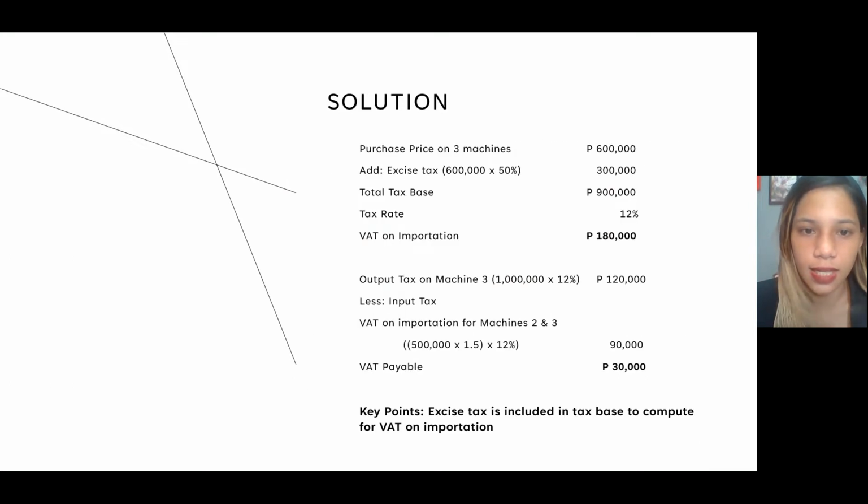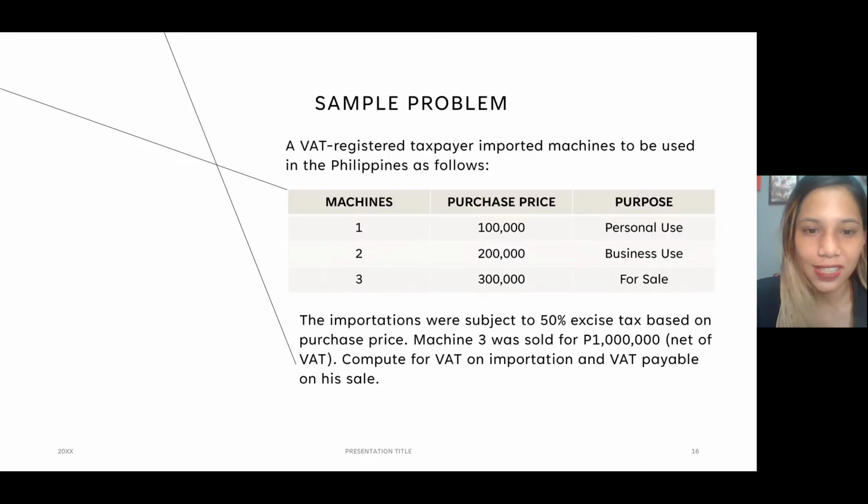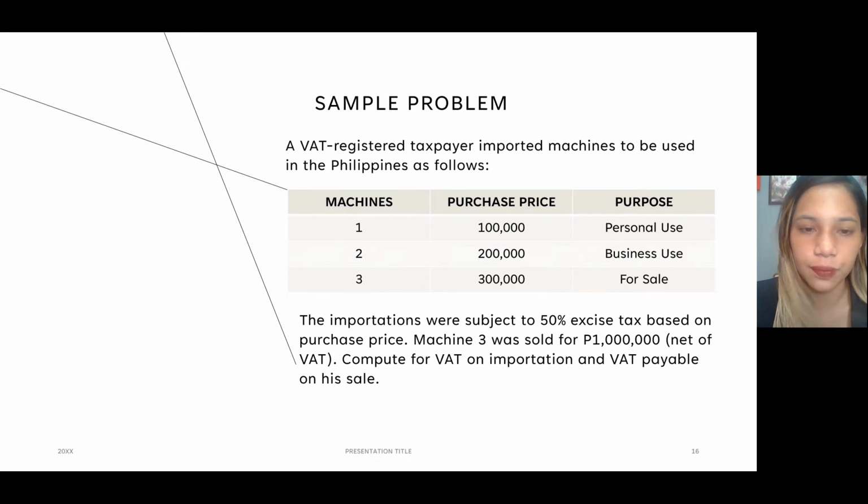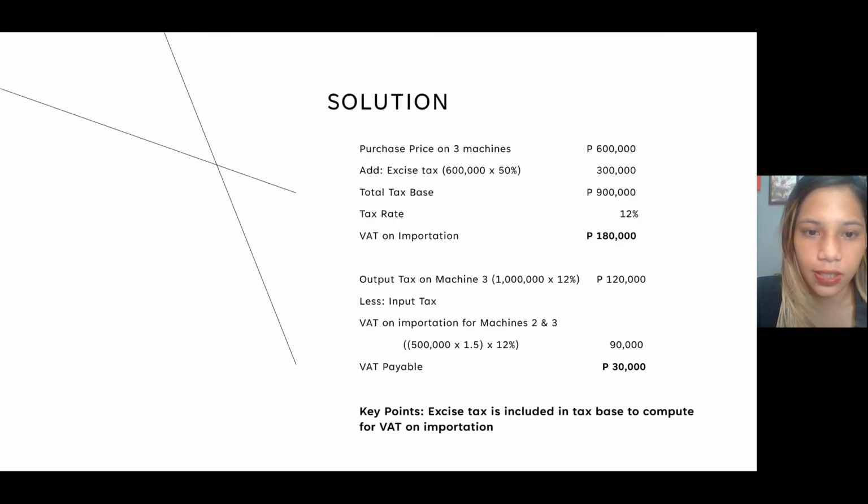Add the excise tax of 15%, which I mentioned earlier, times 600,000, which is 90,000, for a total tax base of 690,000. Times the tax rate of 12%, the VAT on importation is 82,800. Now, the output tax on the machine. As mentioned earlier, machine 3 was sold for 1 million, which is net of VAT. 1 million times 12% is equal to 120,000, less the input tax from VAT on importation for the 2 machines, which are machines 2 and 3. 500,000 times 1.15 times 12%, sorry.